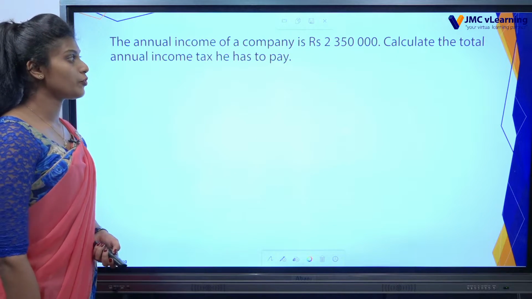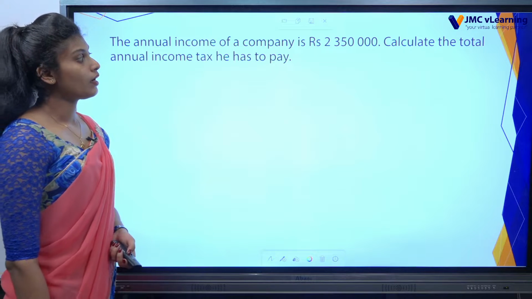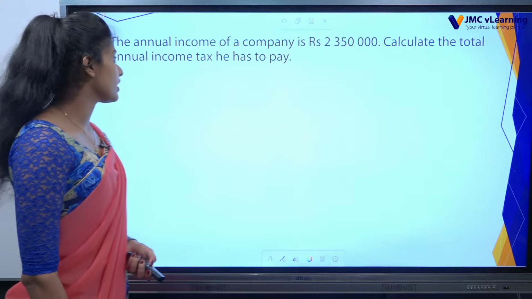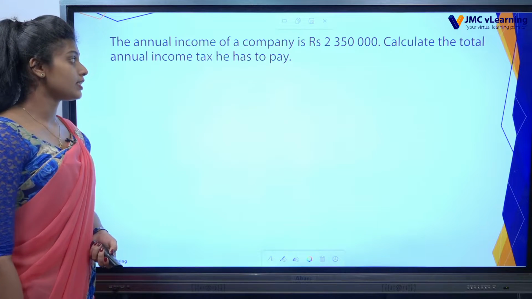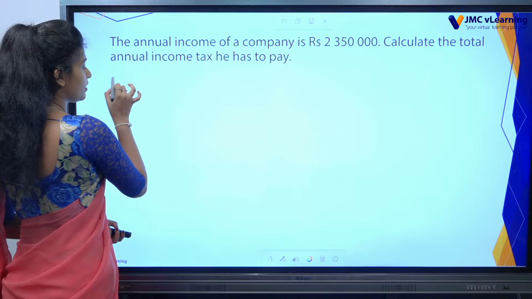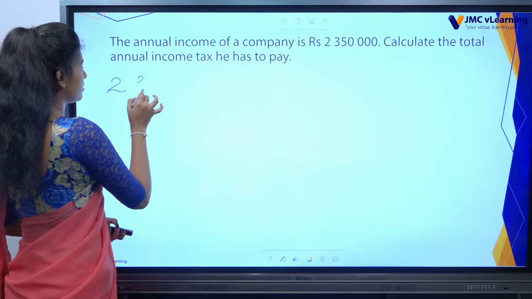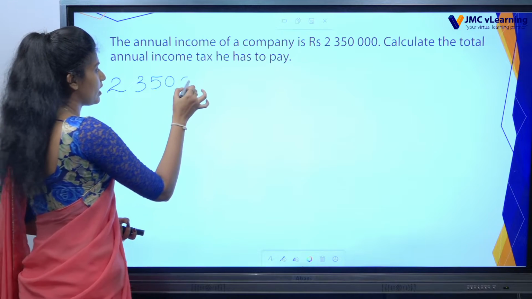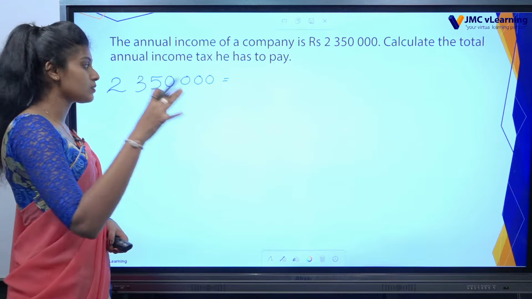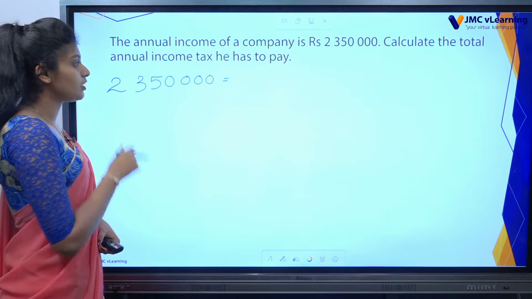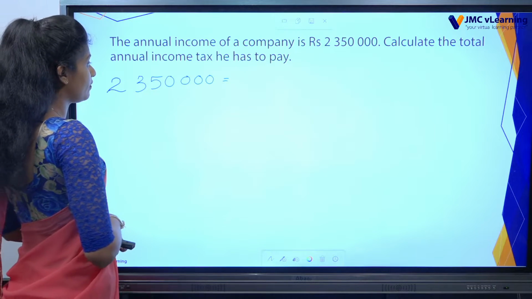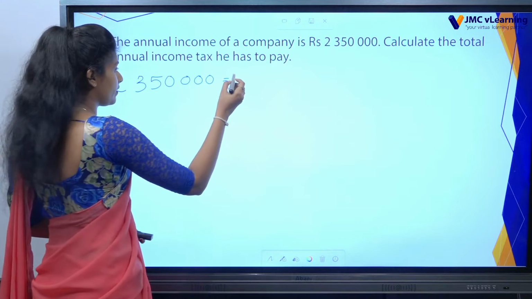The annual income of a company is 2,350,000. Calculate the total annual income tax he has to pay. Then let's write that. 2,350,000. Let's categorize into 5 lakh parts. Here 2 million means how many 5 lakhs are there? There are 4 5 lakhs.